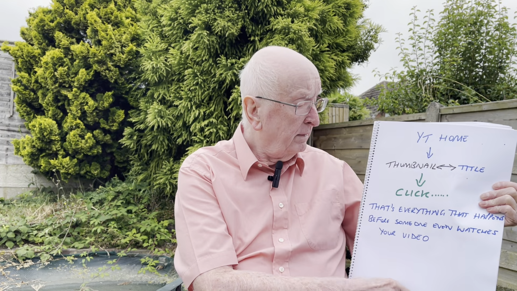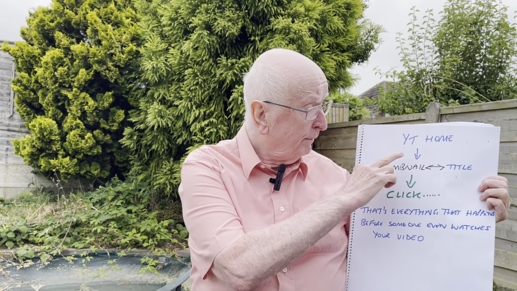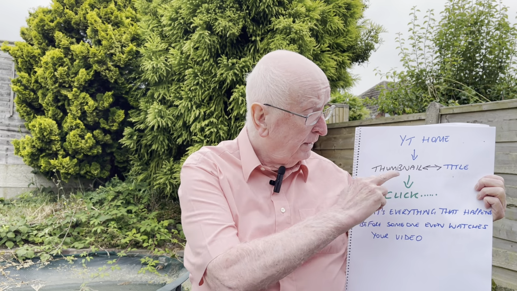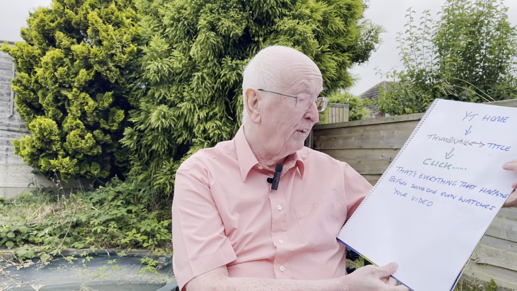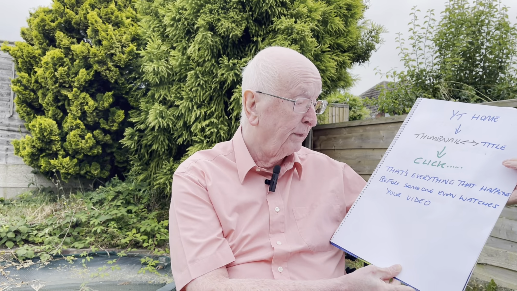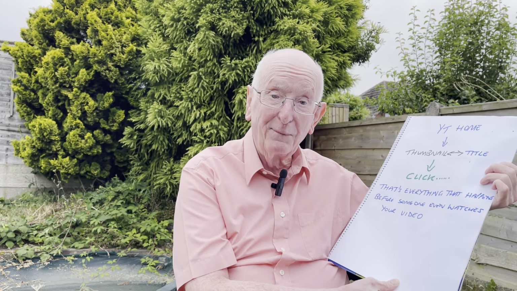So as a recap up to now, we've got our home channel, thumbnail and title, and they've clicked. So that's everything that happens before someone even watches your video. And that's something that we need to think about.